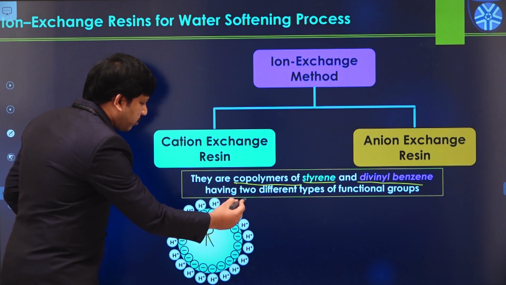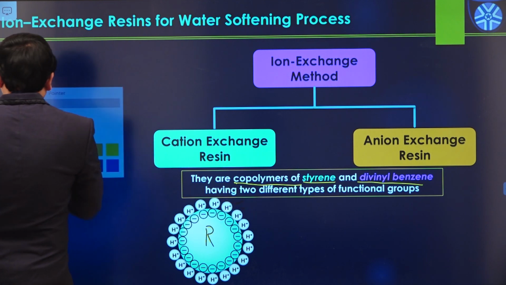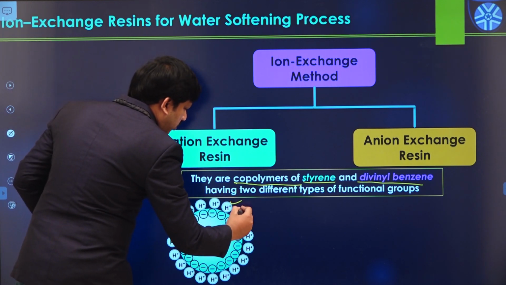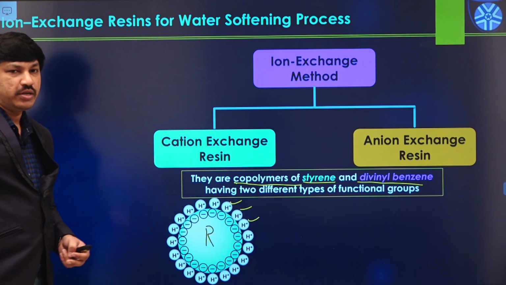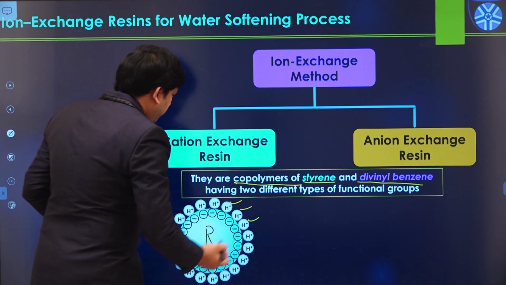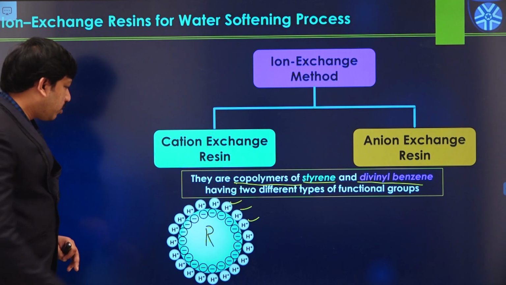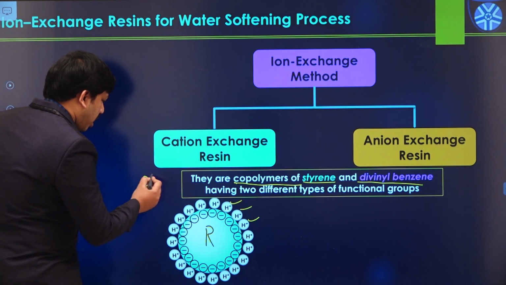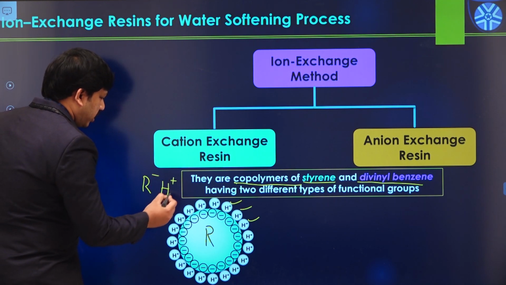All these are replaceable protons. They can easily be replaced with any other cations. So normally if you want to represent cation exchange resin, the general notation is R minus H plus.